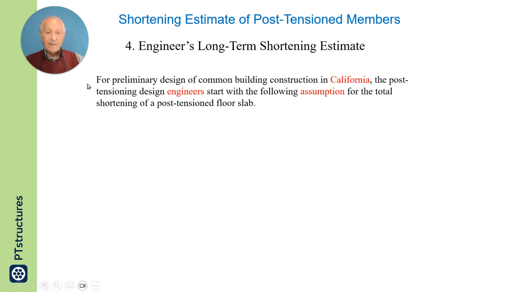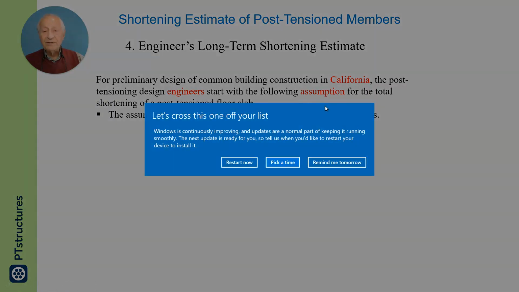For preliminary design of common building construction in California, the post-tensioning design engineers start with the following assumption for the total shortening of a post-tensioned floor slab. The assumption is based on observation and preliminary calculations.